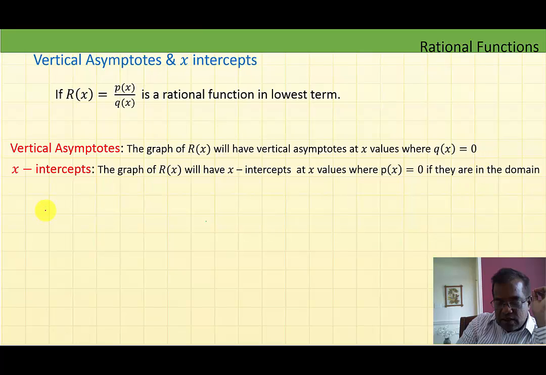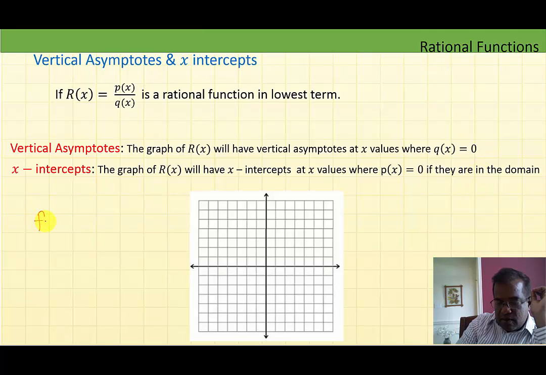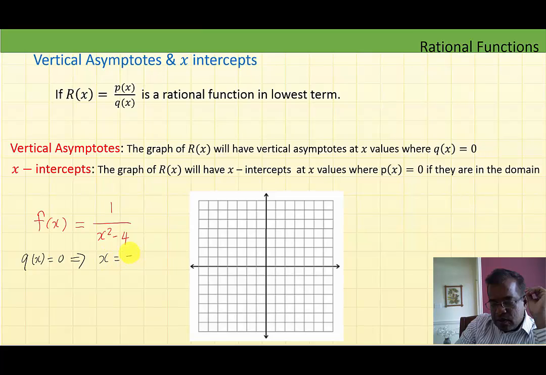Now if we take this example, f(x) is equal to 1 over x squared minus 4. The graph will have two vertical asymptotes because q(x), the denominator, is going to be equal to 0 when x is equal to plus or minus 2. Remember, they do not belong to the domain.